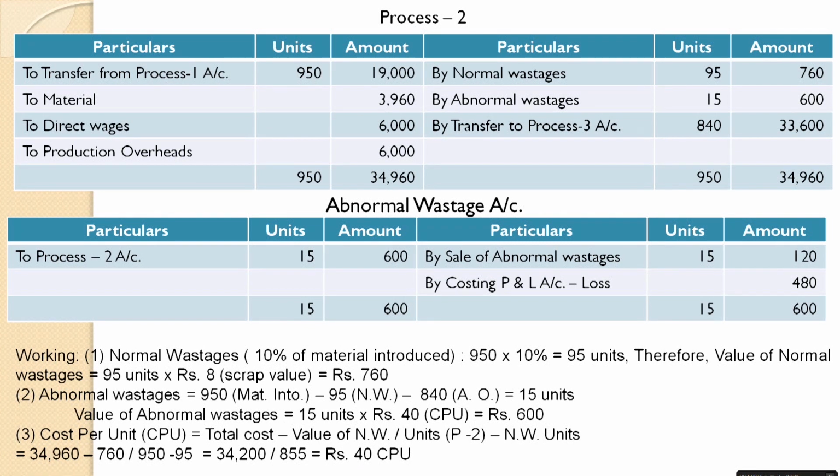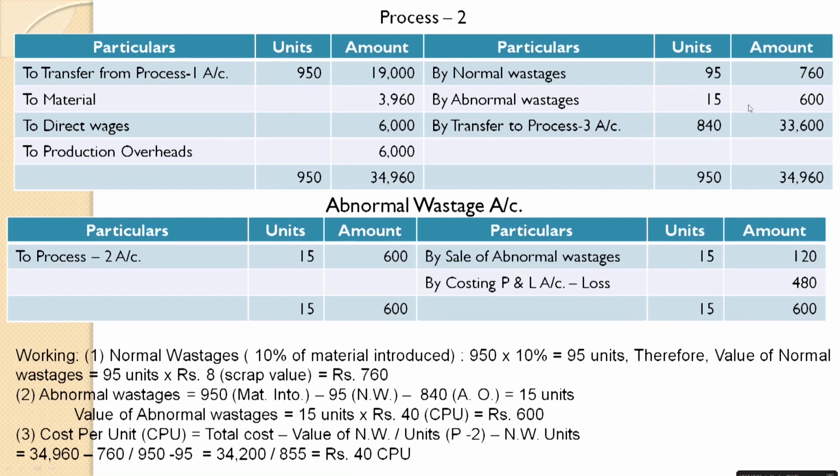Now, very important, as I already mentioned in the beginning part of the question, we need to prepare some subordinate accounts and supportive accounts also. As we already found the abnormal wastages in this process, we need to prepare the abnormal wastage account also. Now, see the second account, that is the abnormal wastage account. Here, we already found in the process 2 account the abnormal wastage on the credit side.